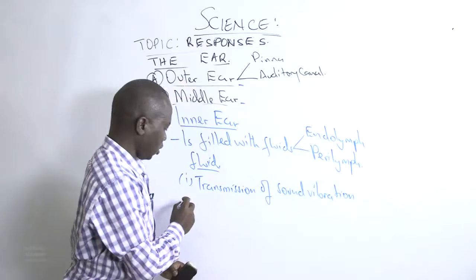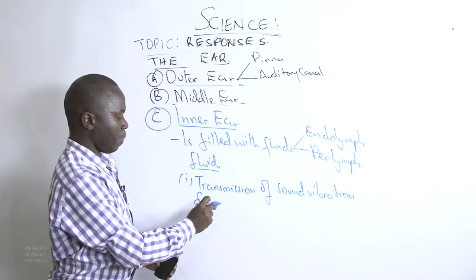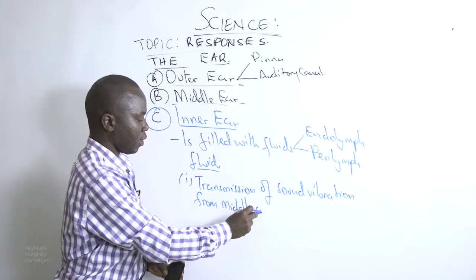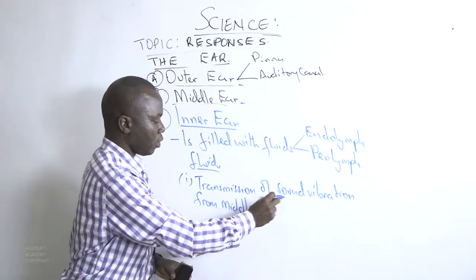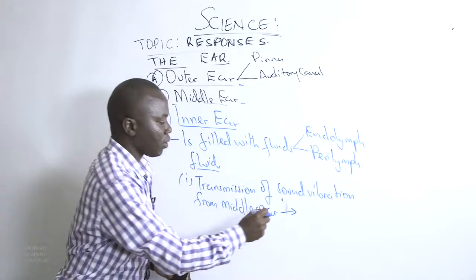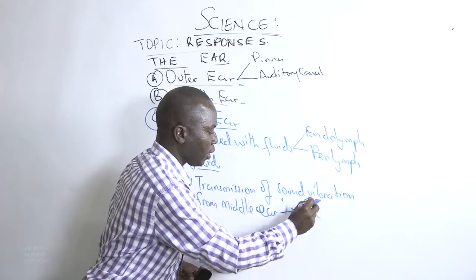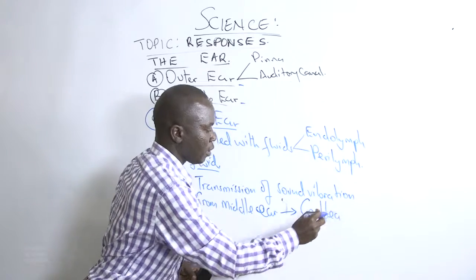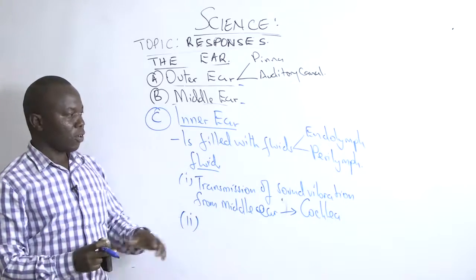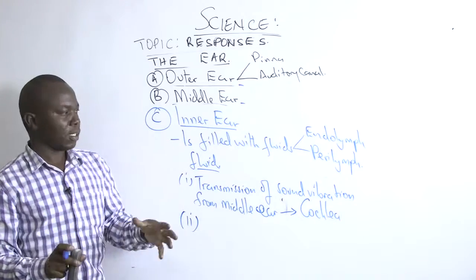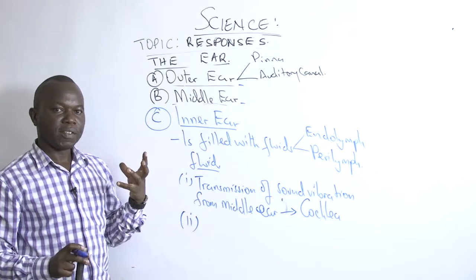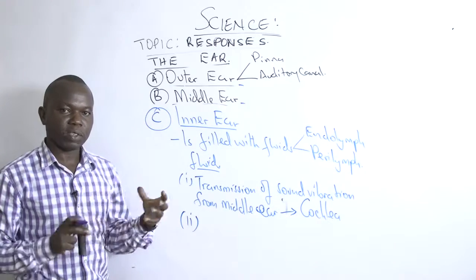Sound vibrations from the middle ear to the inner part of the ear called the cochlea. And then another role of these fluids, they are usually dense. And because they are dense, sometimes the ear will receive very high sound vibrations, sound waves.